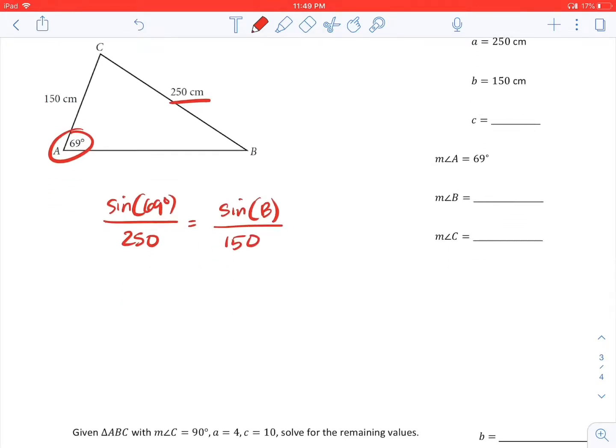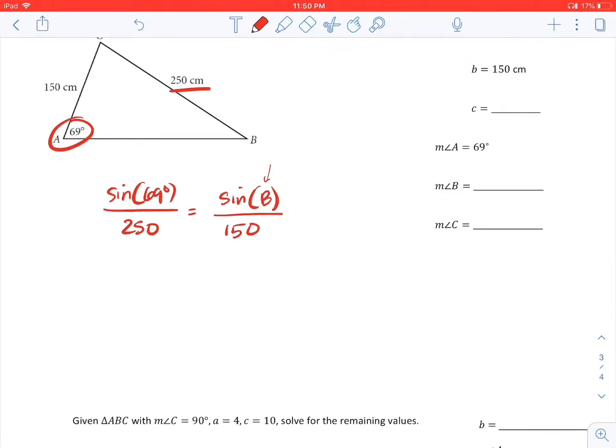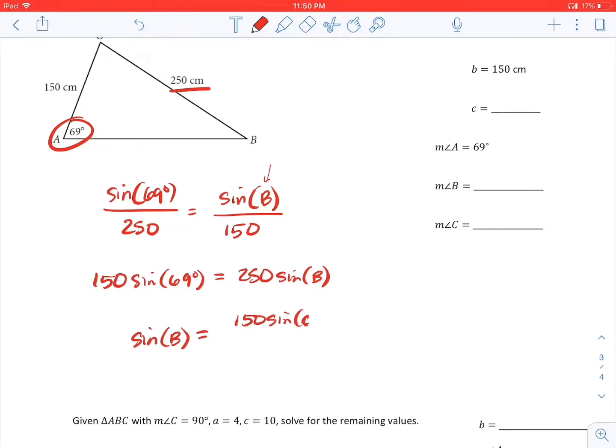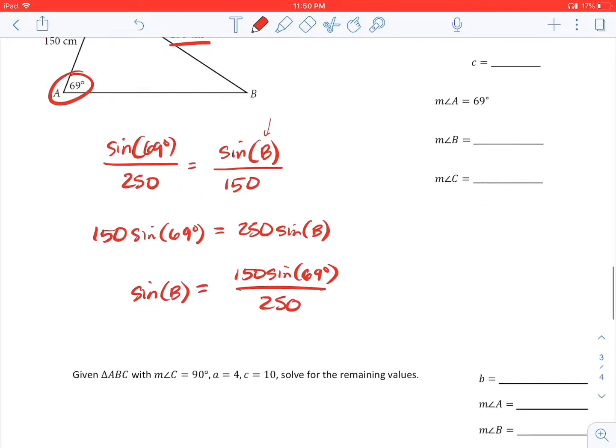From there, notice that the missing value in this case is an angle measure, so we'll end up needing to use an inverse sine. Cross multiply first. 150 sine of 69 is equal to 250 sine of angle B. Divide both sides by 250, and you get sine of B is equal to 150 sine 69 degrees divided by 250. And then from there, I have a ratio, and I'm solving for the angle.